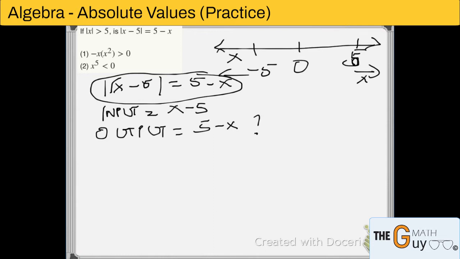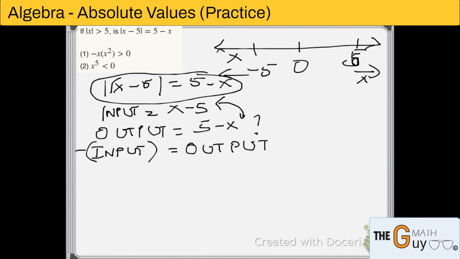So basically, what is the relation between these two terms, x minus 5 and 5 minus x? The negative of the input is equal to the output, right?